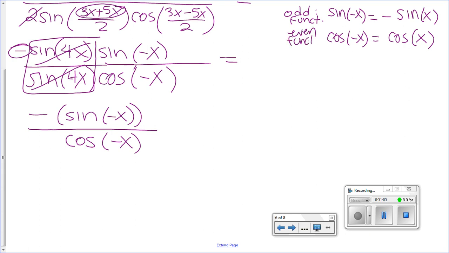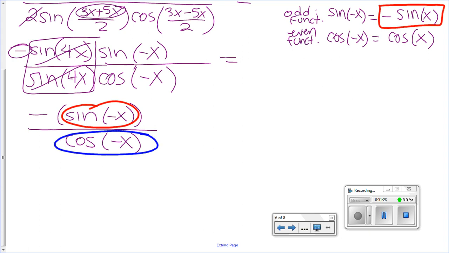So what I'm going to do is I'm going to substitute this part right here with that. But keep in mind there's still another negative there, okay? We're going to end up with 2 negatives. And then I'm going to substitute this part right here with this. Are we okay with that? Look at it.